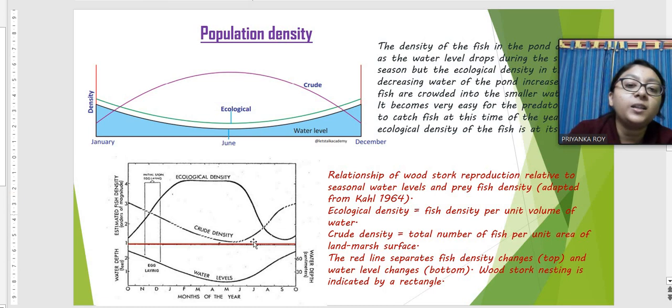But the ecological density has increased, because at this low level of water the number of fish in the space is quite high, so when you calculate the density, it will be very high. So ecological density has increased. But the total number of fish in the entire forest has decreased, because the crude density is decreasing. So this is an example of the ecological and the crude density.